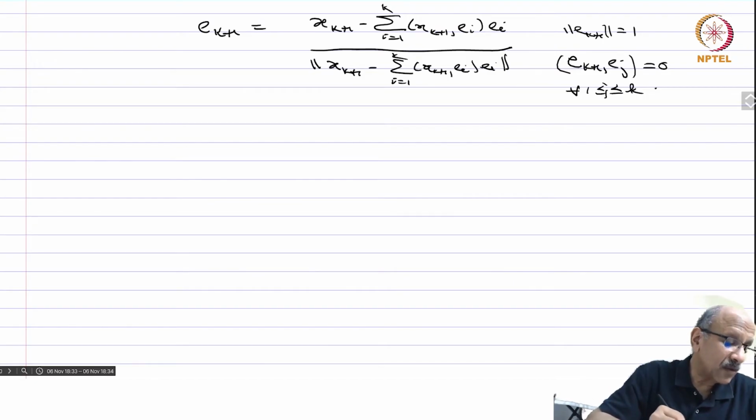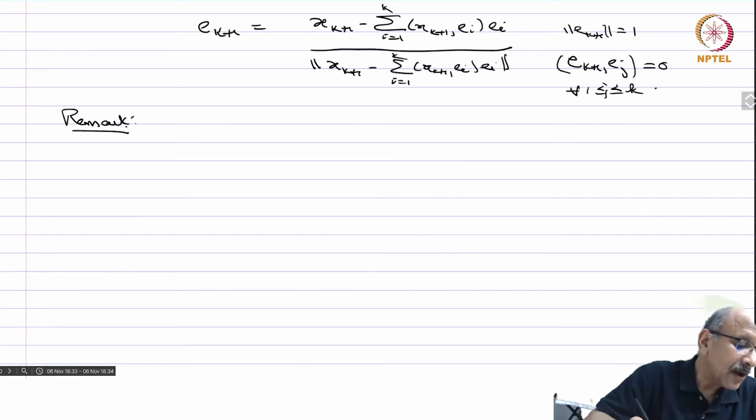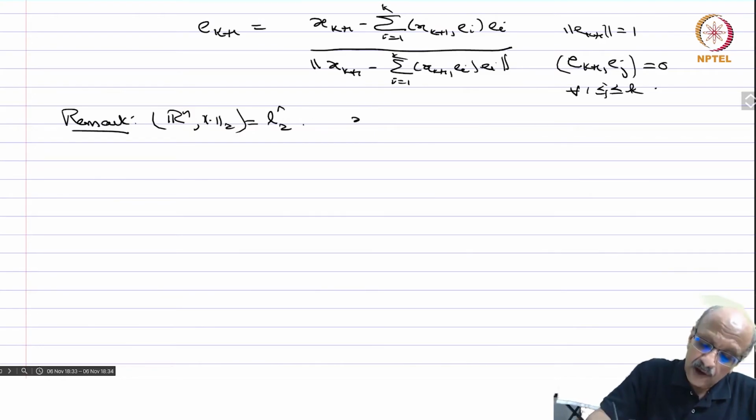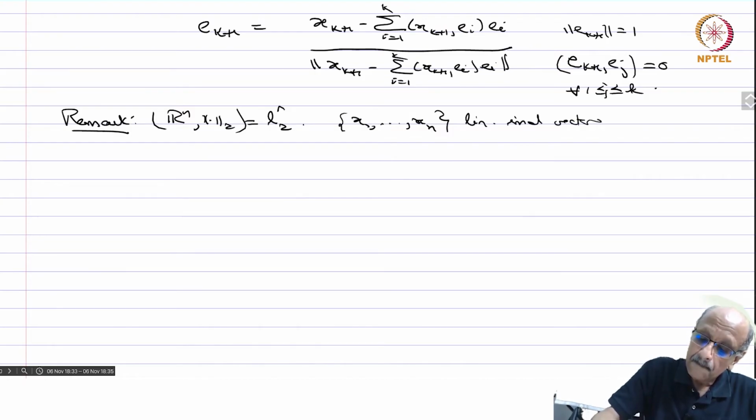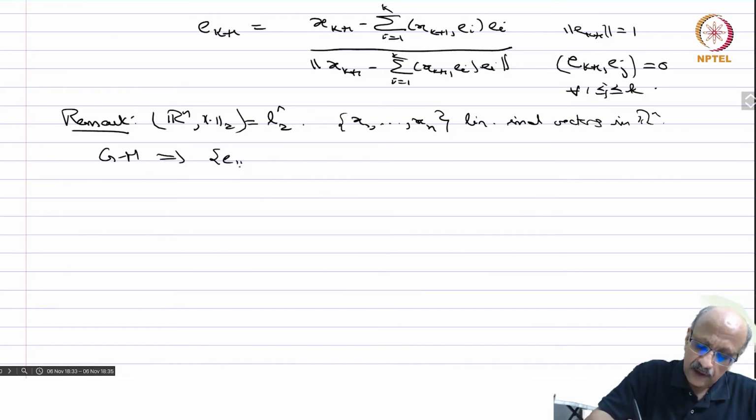Now let us remark. Let us take R^n with norm 2, that is l2. Then you take x1 to xn, linearly independent vectors in R^n, and then we apply the Gram-Schmidt process to give you E1 to En, which are orthonormal vectors.